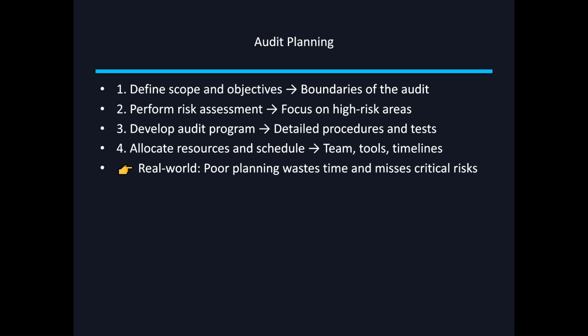The tool will be automatically capturing or gathering all the evidences like that. So again, an exam tip for you guys: planning must always be risk based. Don't just spend equal effort everywhere. The main focus area would be the area with the highest risk.